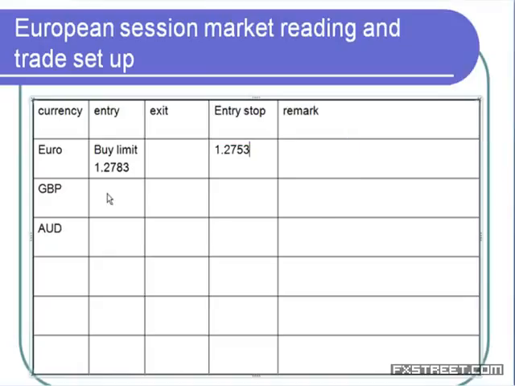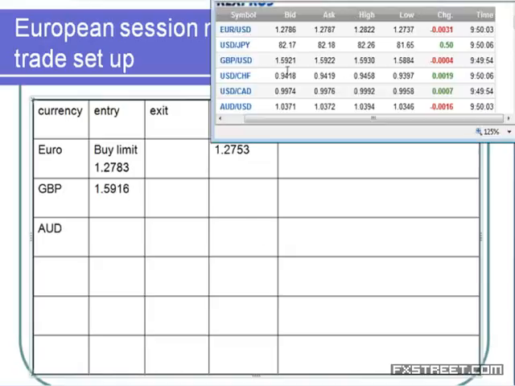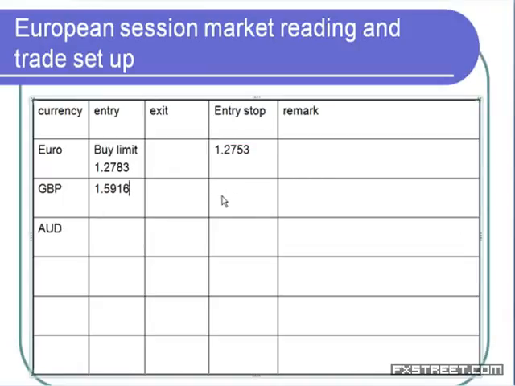Similarly in the case of GBP, 1.5921 is the current level, just 5 pips above 1.5916, where we will keep a buy limit order and an entry stop.